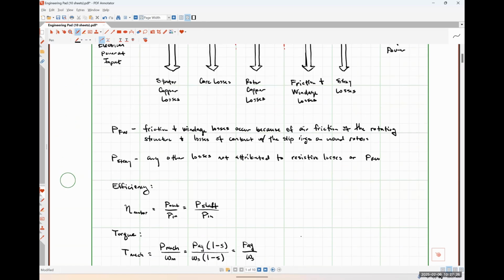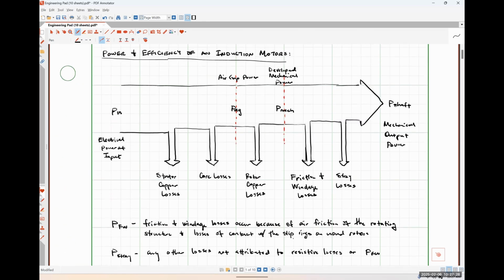Personally, I like this big diagram like this because it helps me see effectively the process of the energy conversion, where we're losing our power from and all of that kind of stuff. So usually when I'm working problems related to this, this is the graph that I'm going to look back at and just make sure I'm following through the steps of that energy conversion, from electrical energy to mechanical energy.